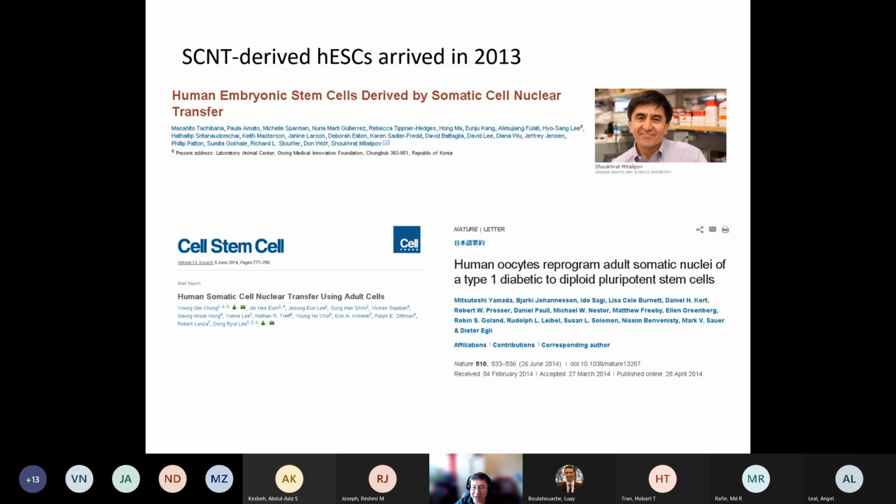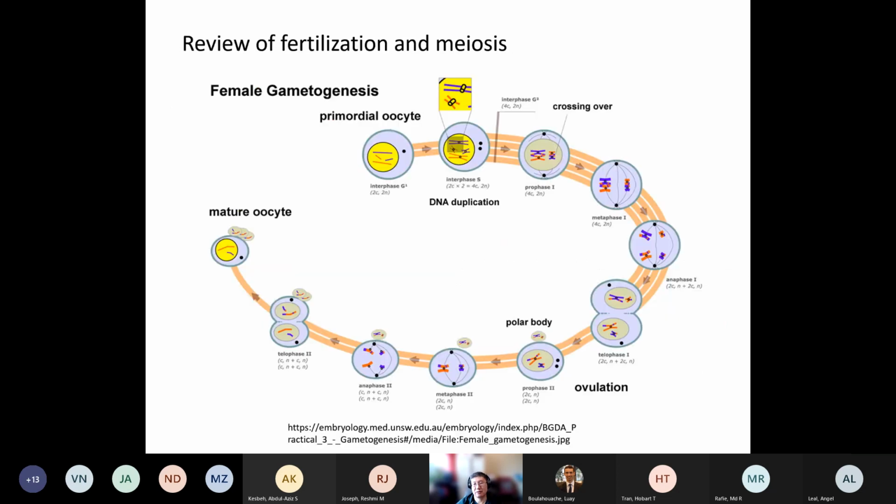Keep that in mind. Think about that. Later on, we can discuss why this could provide something unique, something that we can use, a new advantage we didn't have with the natural human embryonic stem cells.